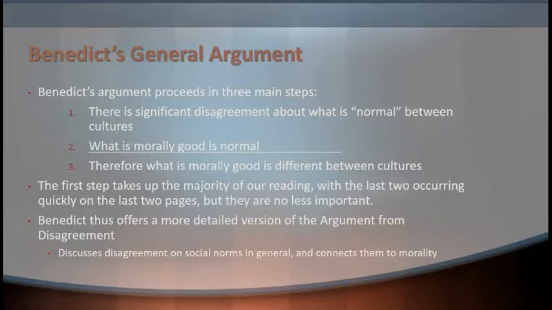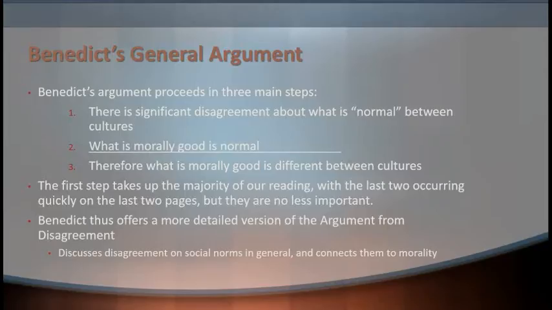She's discussing disagreement on social norms in general, and then in steps 2 and 3, she connects this idea about disagreement about general social norms with morality. She's essentially establishing that there is a category of things that people disagree about. That is, social and cultural norms, social and cultural standards.